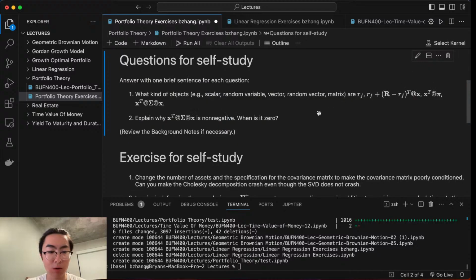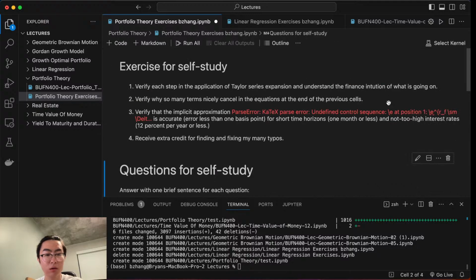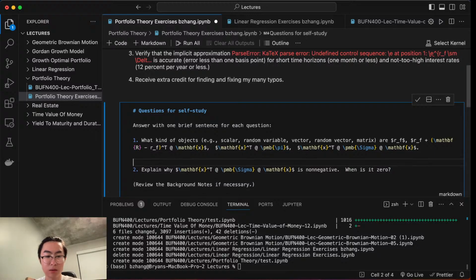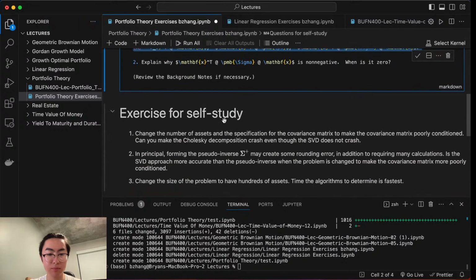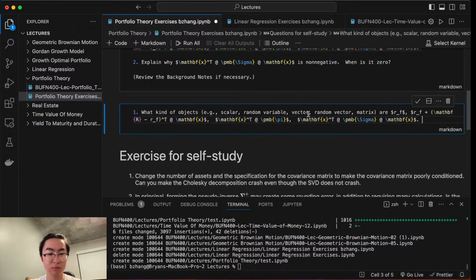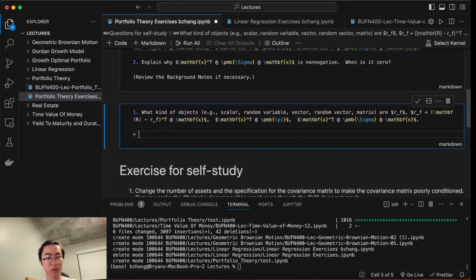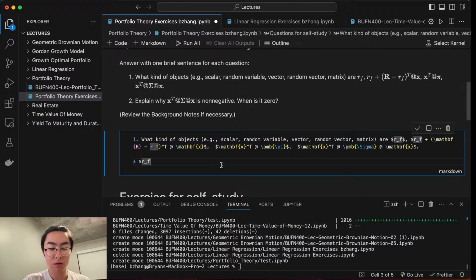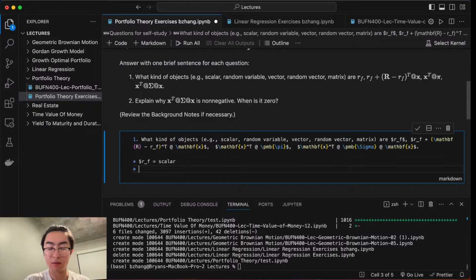So R_F plus R_F minus... R_F is equal to a scalar.